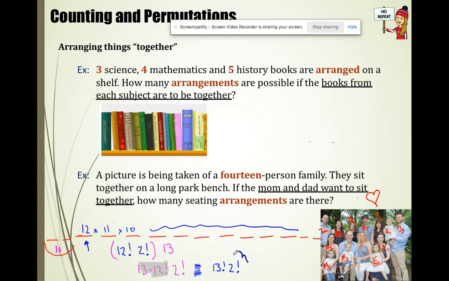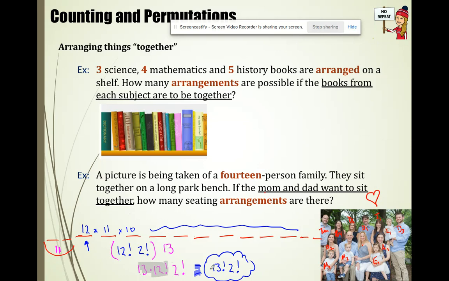And again, you don't have to write it like this. This is a little bit of foreshadowing, this idea of how I can write factorials multiple different ways. That's going to come up in a couple of videos from now where we're going to do a lot of work with just factorials.